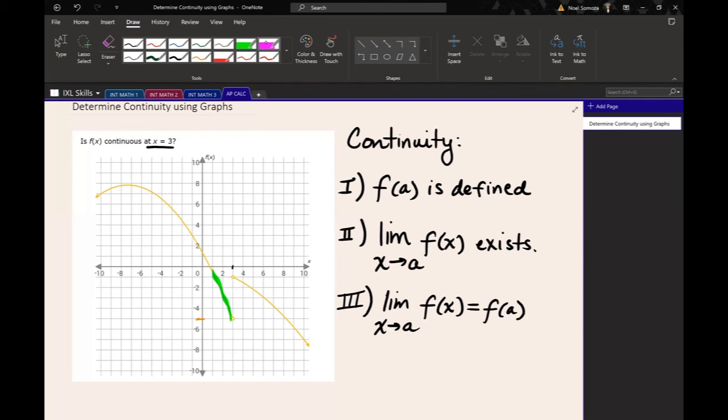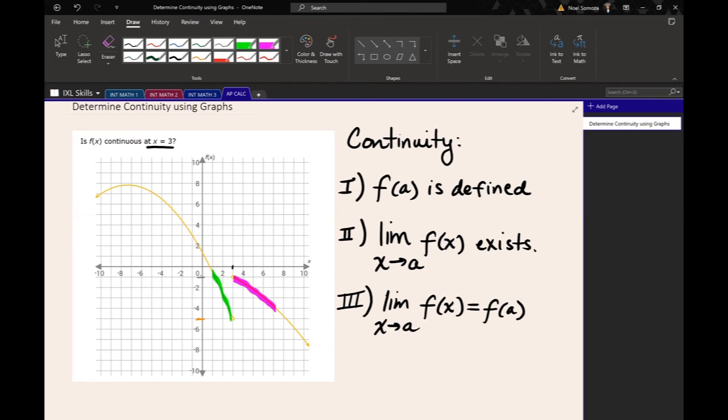If you track the function from the right side, the limit is approaching -1. So not only does it fail the first part of the continuity definition, but it also fails the second part because the limit does not exist as x approaches 3.